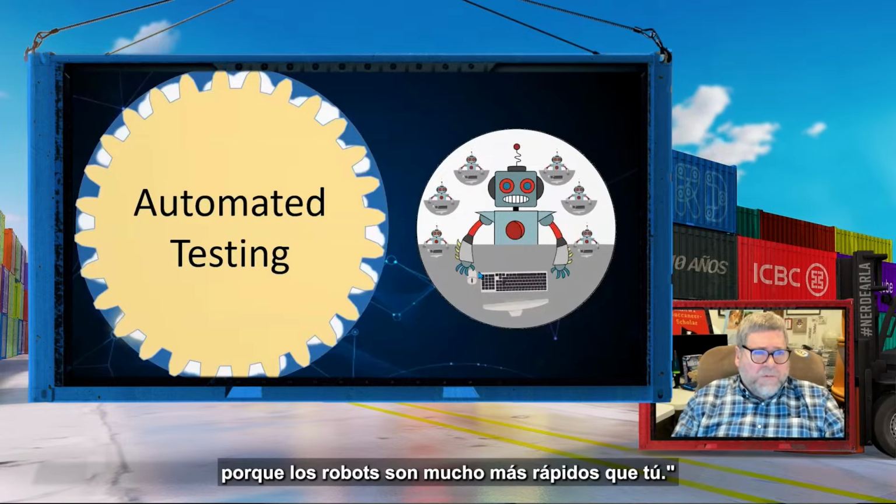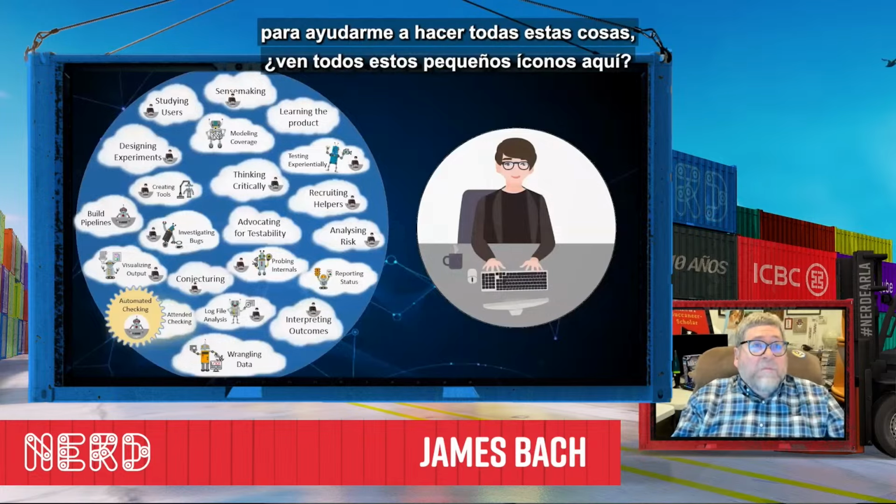Well, what I say to that is, I'm reasserting that testing involves all kinds of things, all these different things. And I use tools to help me do all these things.